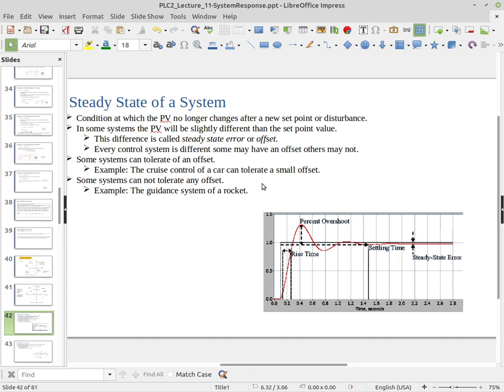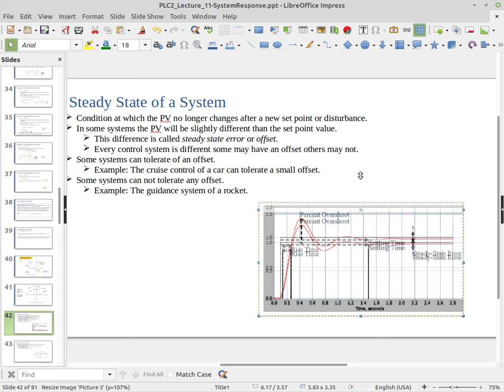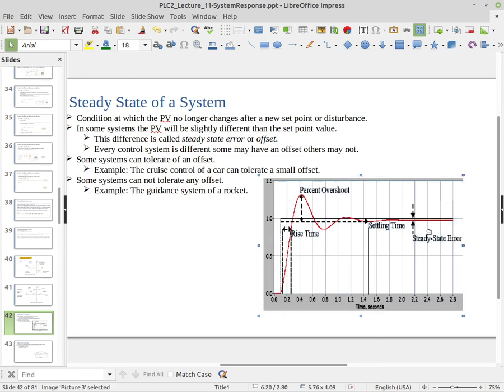All right, so now, that was all transient response. If we talk about the steady state, we get this value here, as I talked about a little bit earlier. In this case, the black line is where our set point is at, but the red line is our actual system.